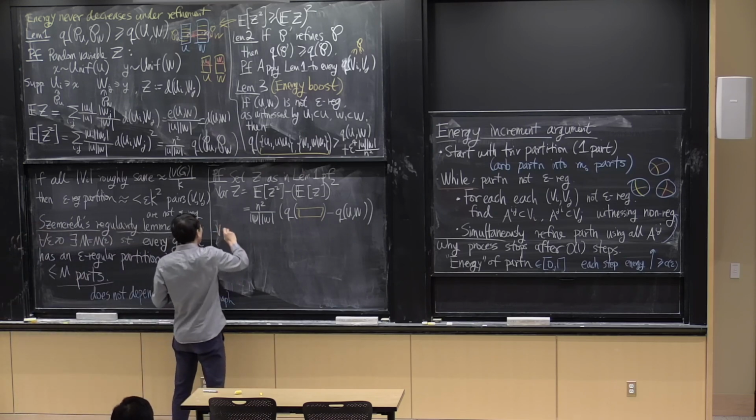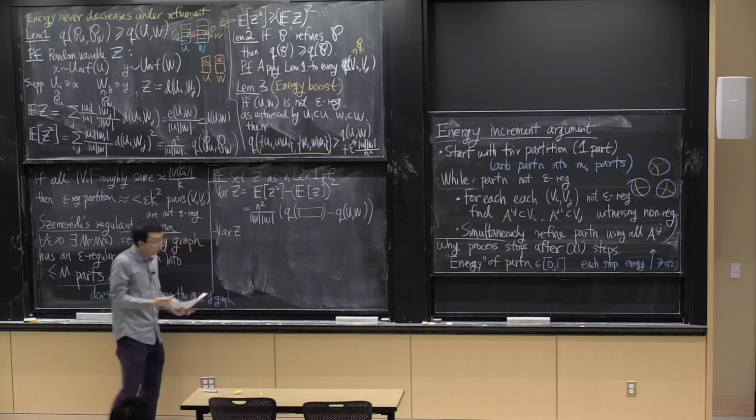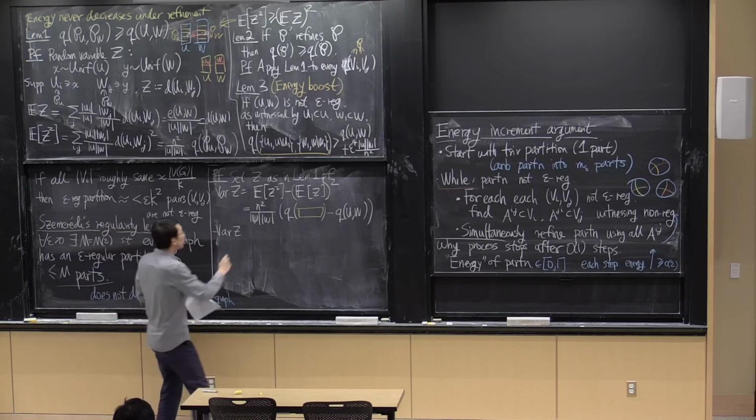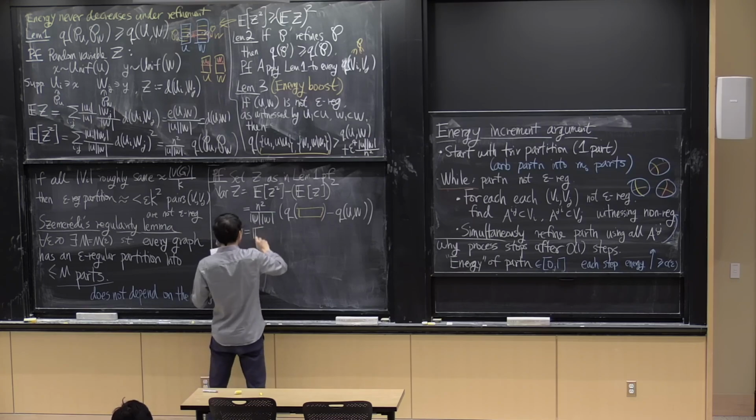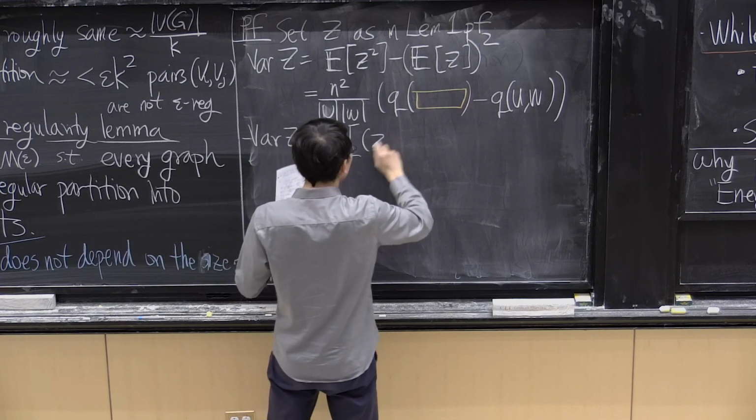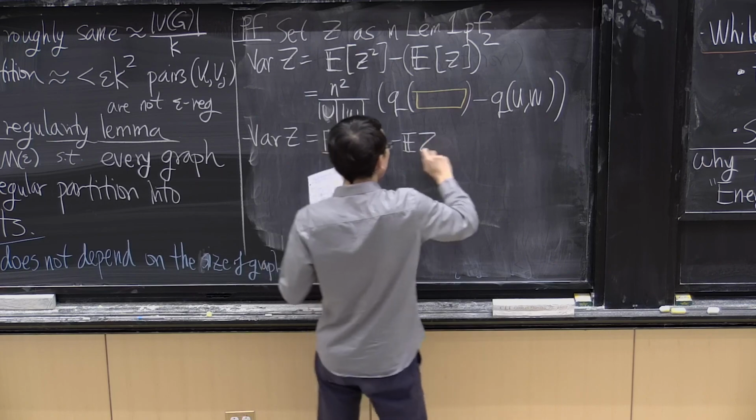On the other hand, the different way to calculate the variance is that it is equal to the expectation of the deviation from the mean squared.